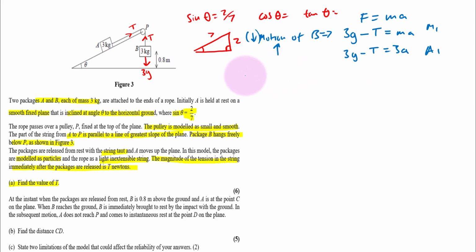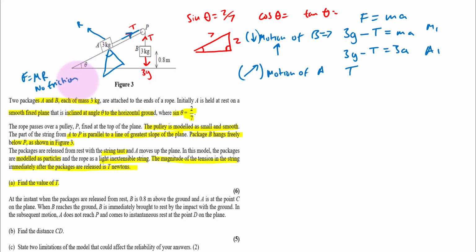Now motion of A, let's do the direction to show which way we mean it's positive. It all counts. Motion of A. So we have T going in the positive direction. We have T here. So that's T. Let's do our triangle. Now some of you have put your R here, but we're not going to be using F equals mu R because there's no friction because the plane is smooth. A more accurate model would include this.